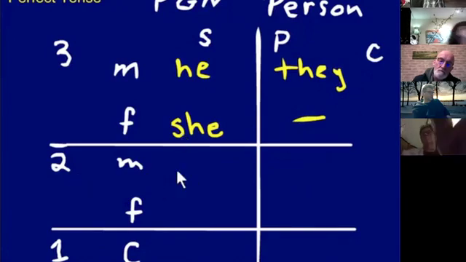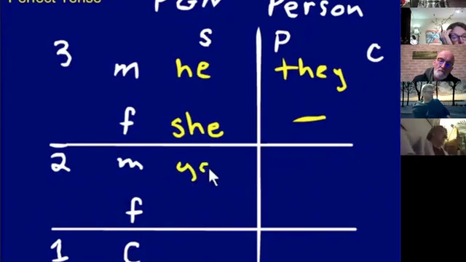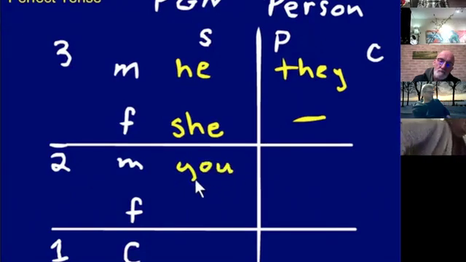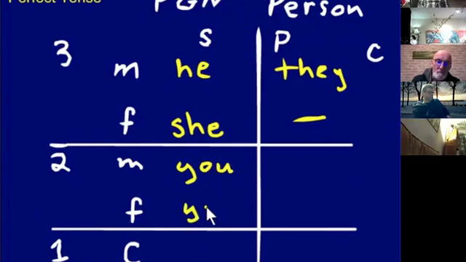You, 2MS is you. So you're talking to a guy, single, meaning by himself. 2FS, again, you. In English, you would simply say you, whether you're talking to a guy or a girl, a boy or a girl, or a man or a woman. Plural, in English, we also just simply say you, whether you're talking to men, or you, if you're talking to women.